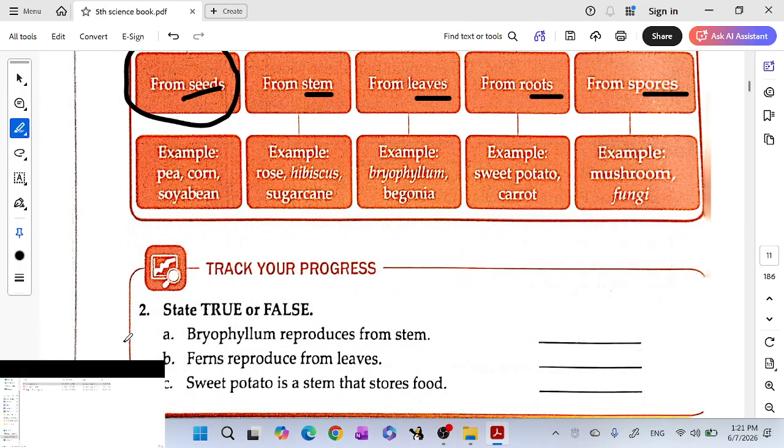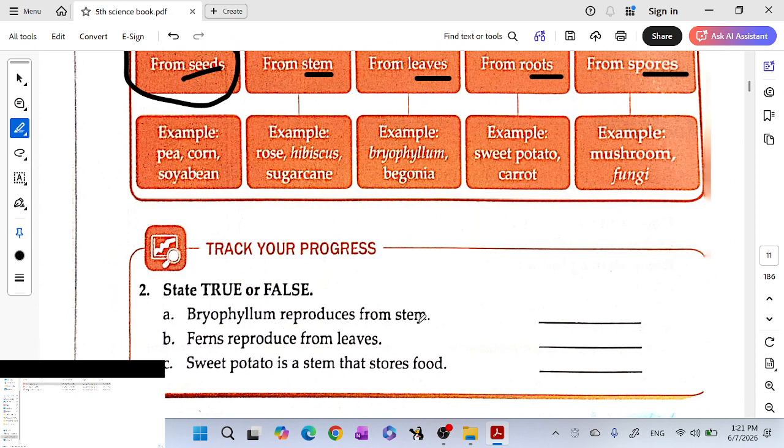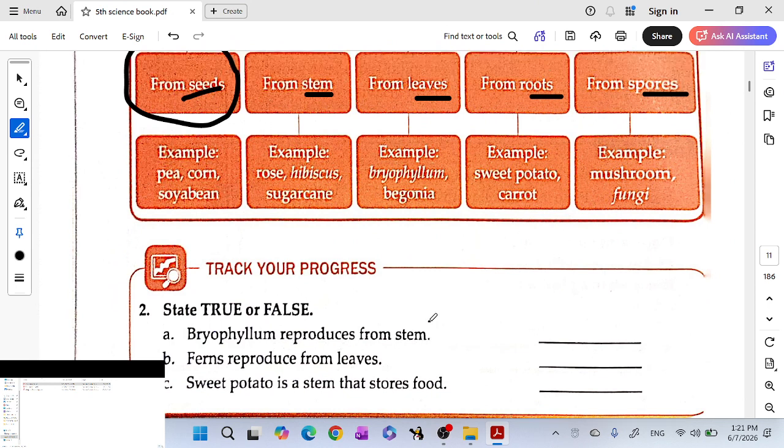Now, true or false questions. Bryophyllum reproduces from the stem. Correct or wrong? Bryophyllum reproduces from the leaves, not the stem. So this is false. Ferns reproduce from leaves.